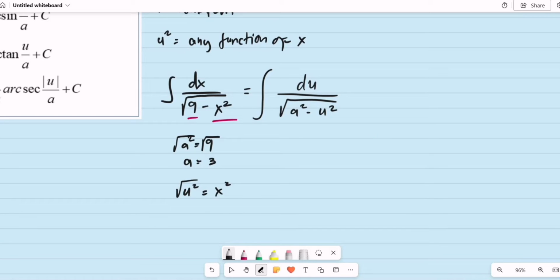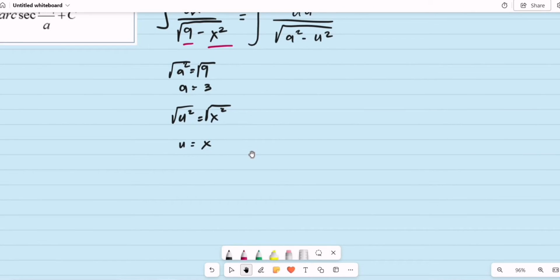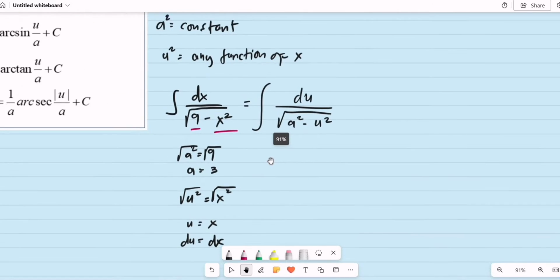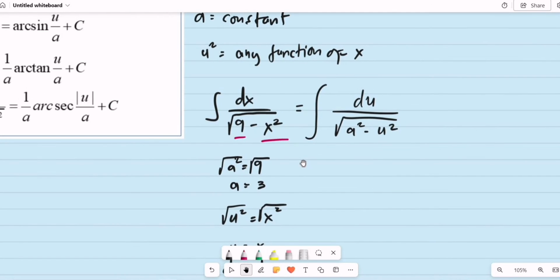Again, taking the square root of both sides, u is equal to x. If we take the first derivative of u, we have du equal to simply dx. So it satisfies the first equation.